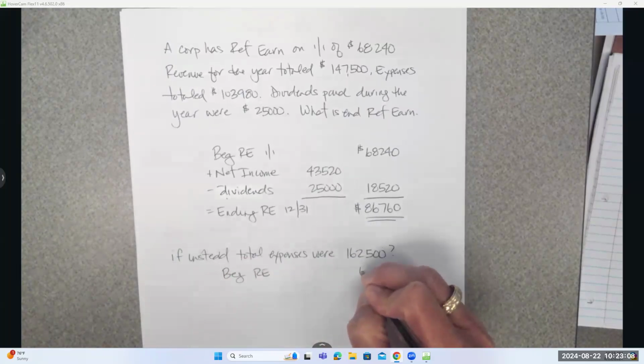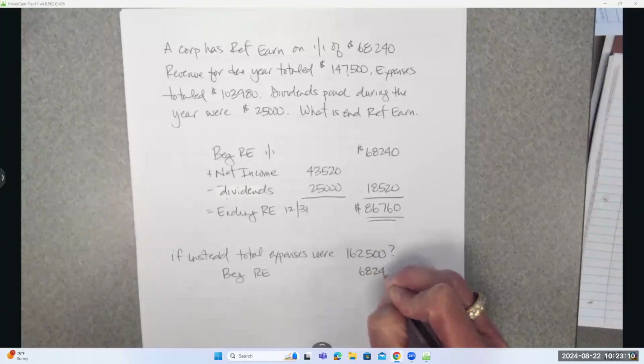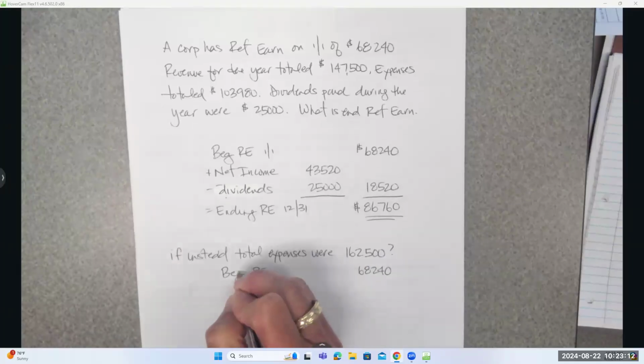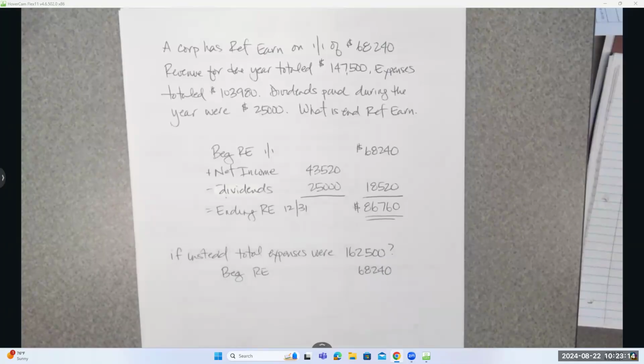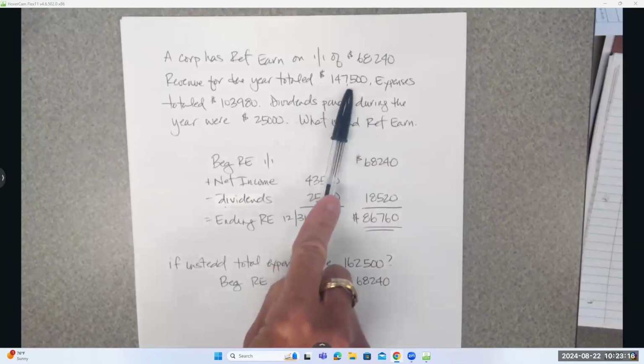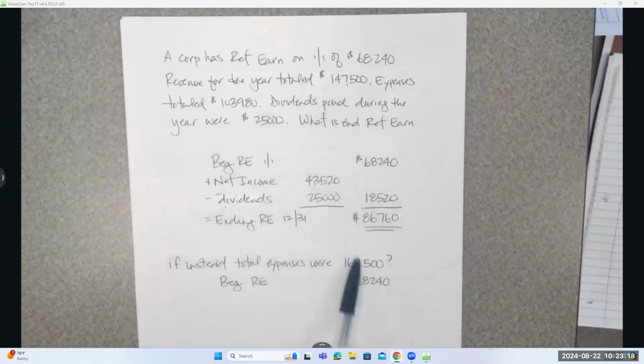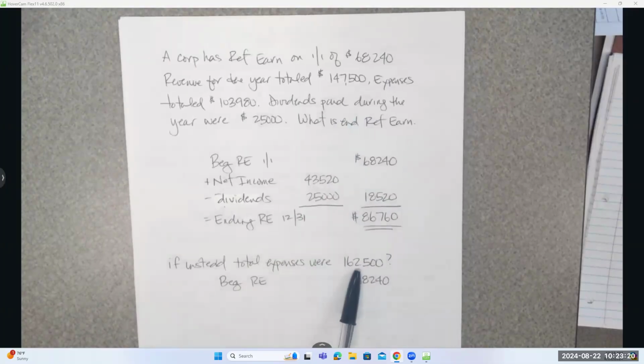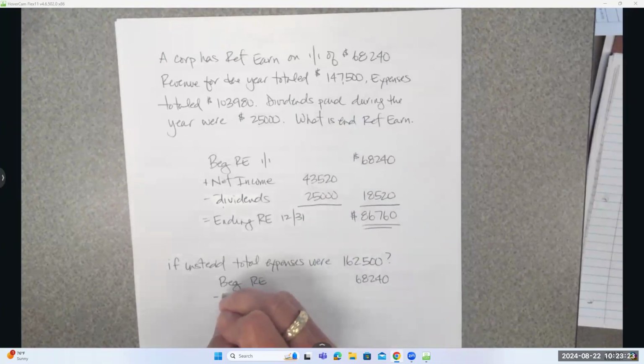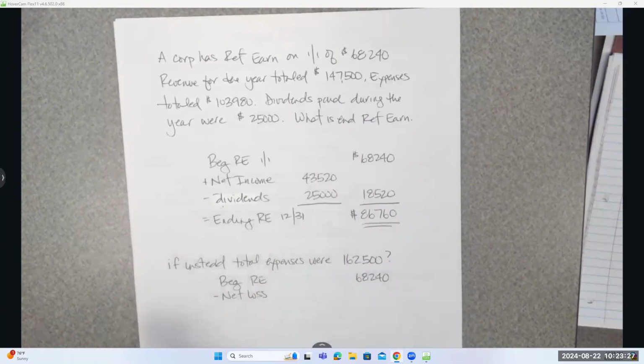Our beginning retained earnings would be 68,240. But now, instead of net income, what do we have? Because now our revenue is lower than the expense. Now we have a net loss. Because now the expenses are higher than the revenue, it would cause a decrease.